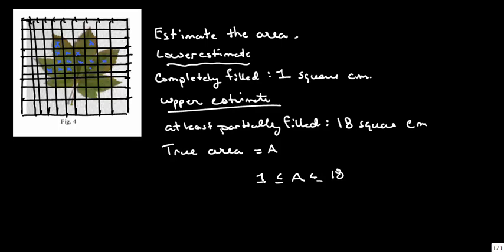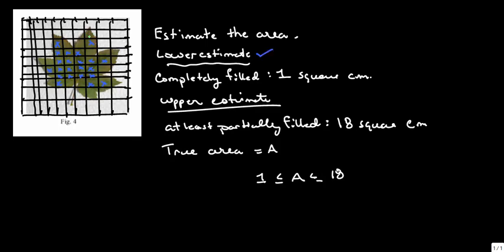Now these are no longer square centimeters, because these are a little bit smaller. But again, we could count all of these. I'm not going to do this, because I think you get the idea. We'd count all of those blue, and that would be our lower estimate.